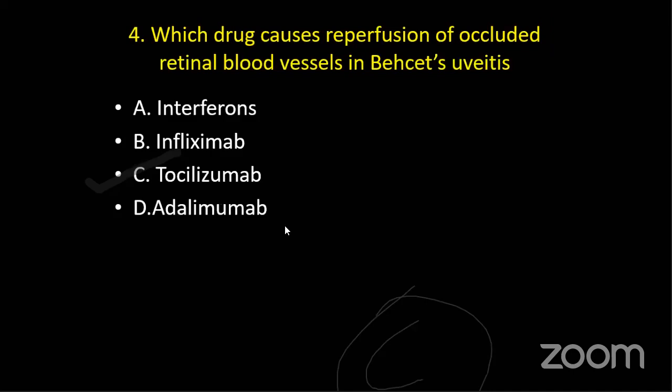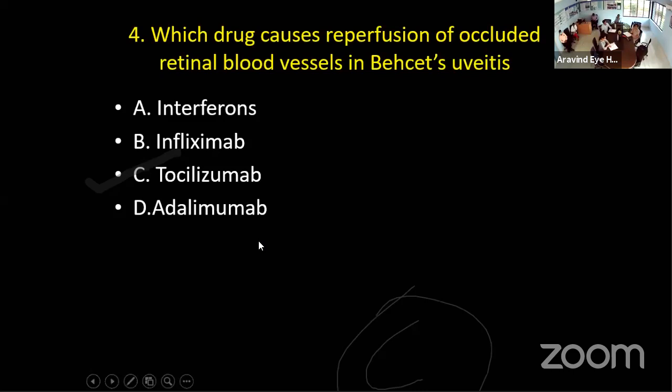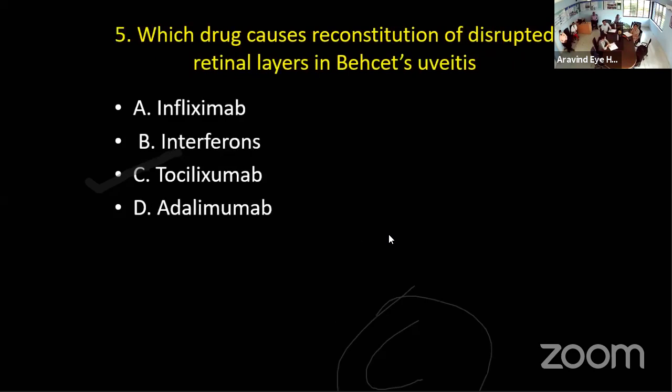It's not infliximab, right? So, hope this is clear. I'm not sure how many of you had answered the last two questions correctly at the beginning of the class. Okay, good, fine. Are there any queries?